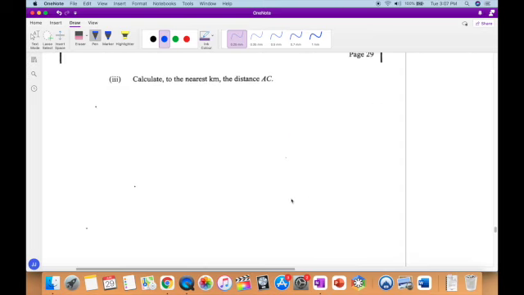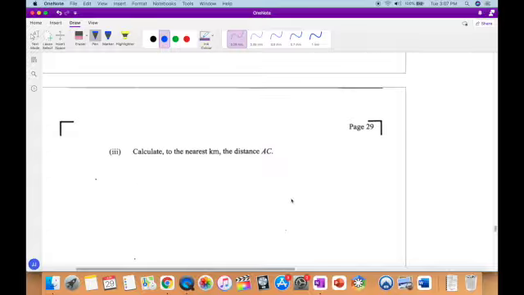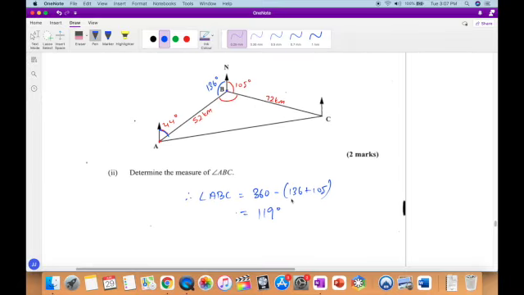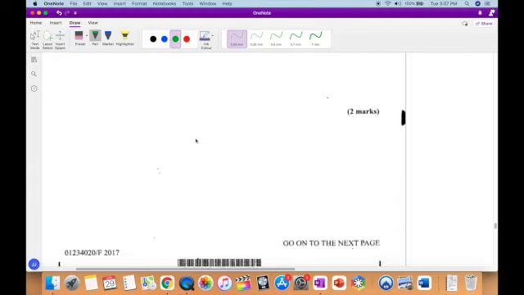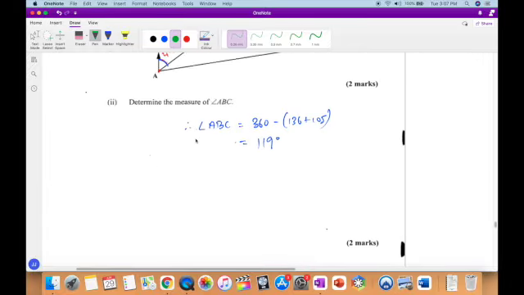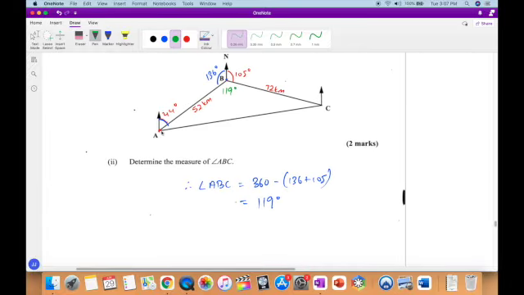Calculate to the nearest kilometer the distance AC. So I got this angle here being 119 degrees, and I want the distance AC. So the distance AC is this distance here. And what do I notice is I have the two sides and the angle in between.